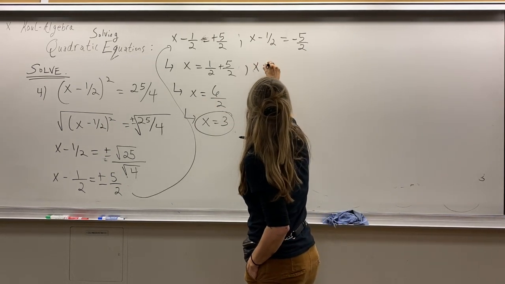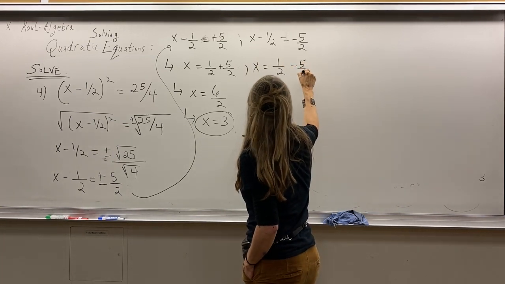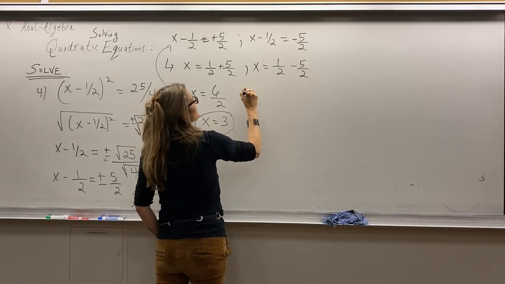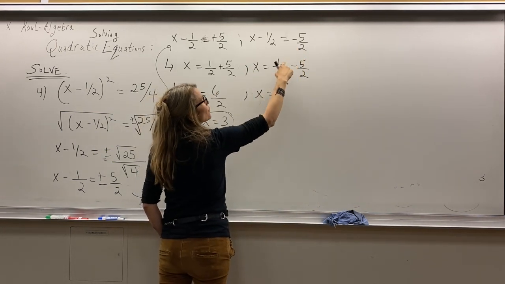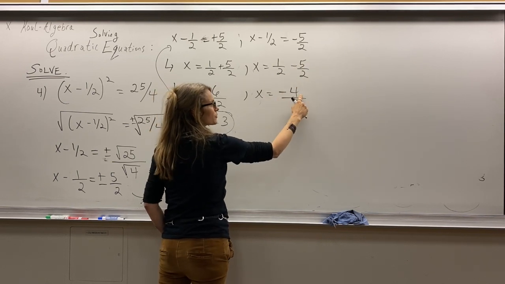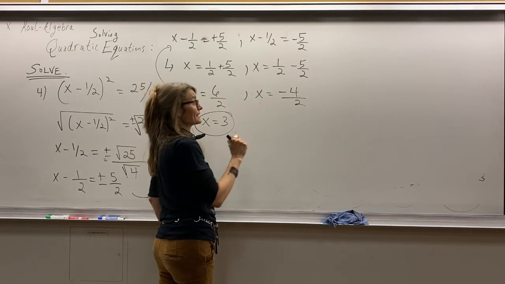In this case, we get x equals 1/2 minus 5/2 when I bring that 1/2 over. And the next step is x equals 1 minus 5, which is minus 4 over 2, which is the same as negative 4 over 2, which is the same as 4 over negative 2. 3 ways of saying a negative there.